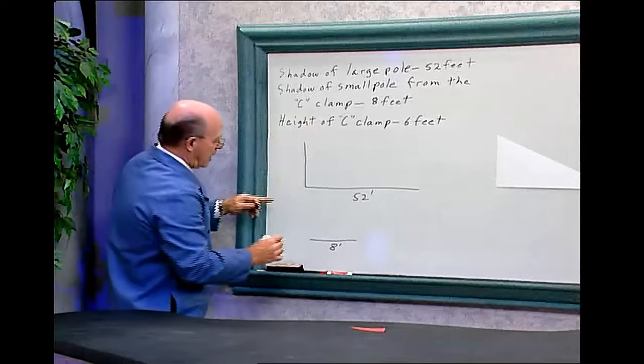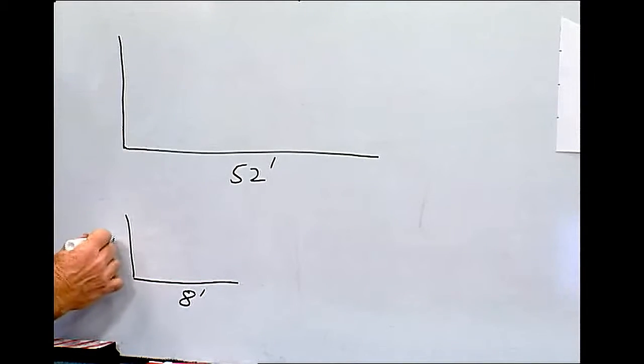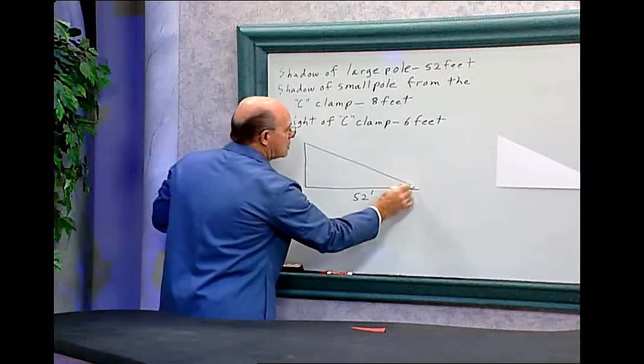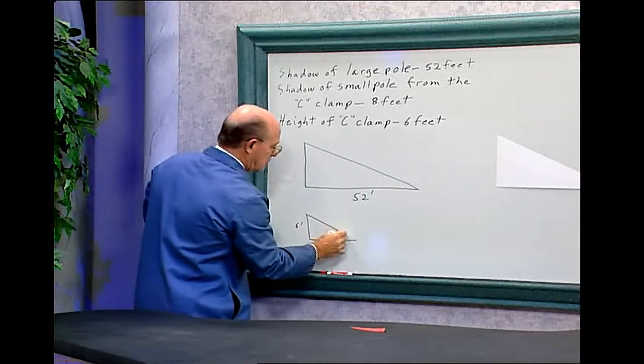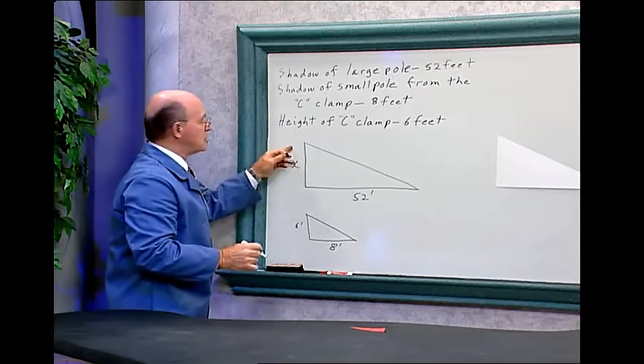And the height of the C-clamp is 6 feet. And so now we have two similar triangles. And I want to find the height of this pole.